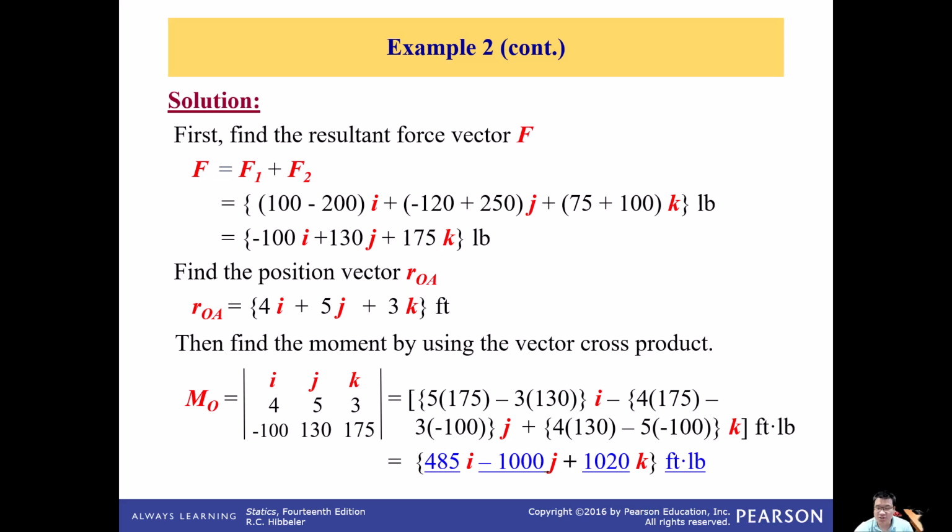And for the k direction, it will be 4 times 130 minus 5 times negative 100. Simplifying, the final answer will be 485 i minus 1000 j plus 1020 k ft-lb. So that will be the moment on the O point.